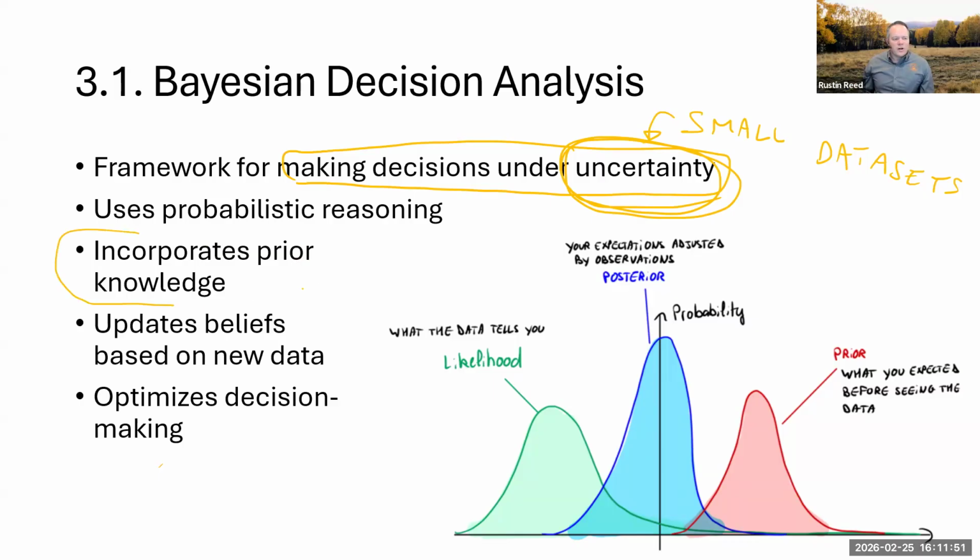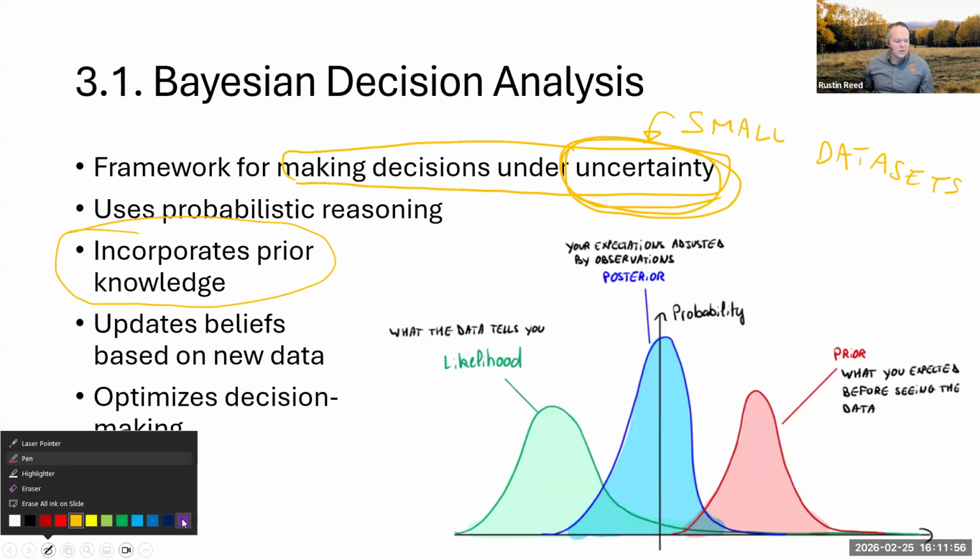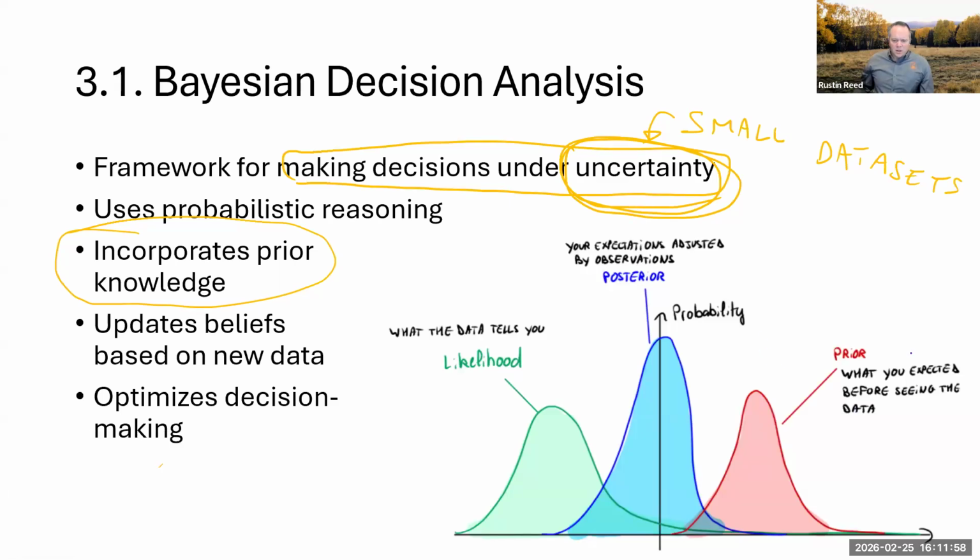It incorporates prior knowledge. What that means is, I'm going to look at this little graph here at the bottom, and it kind of explains it. So this might be what we thought. This is where we thought we were with our exposure profile for our similar exposure group.